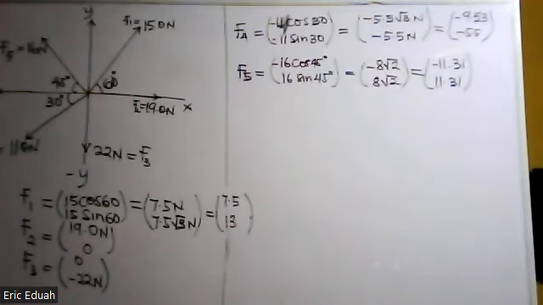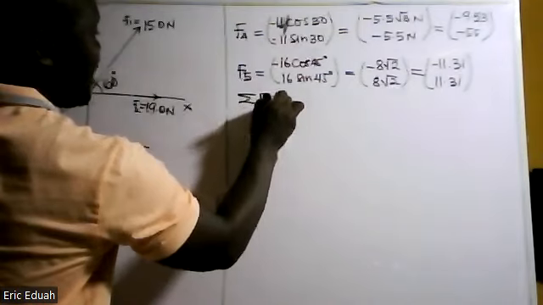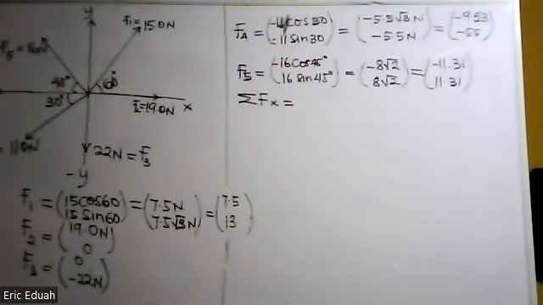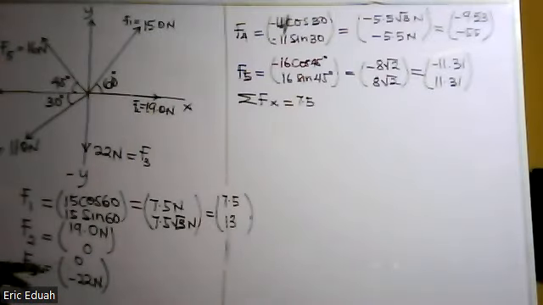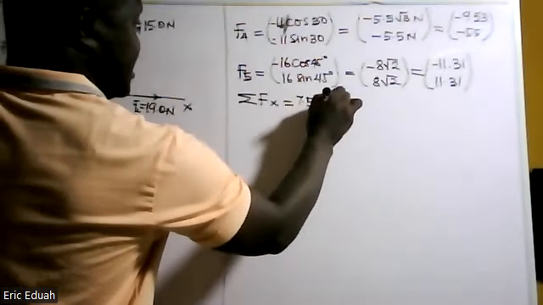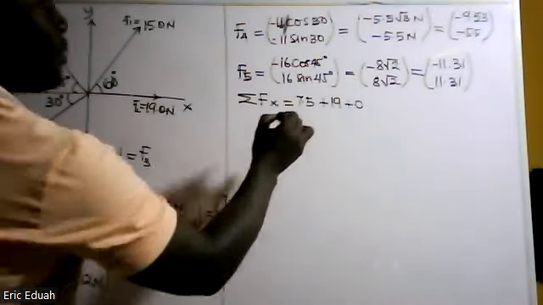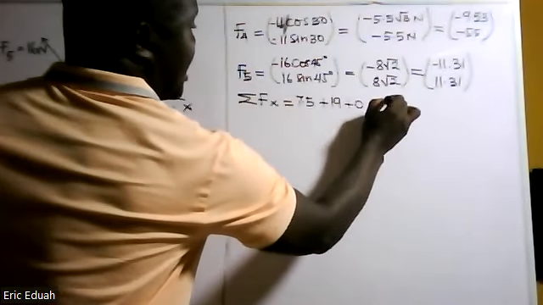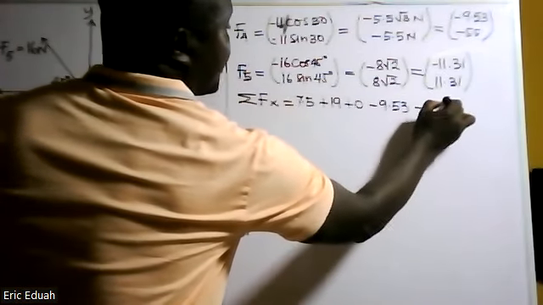Okay, so let's then look for summation F of x. We pick 7.5, then this is 0, plus 19, plus 0, minus 9.53, minus 11.31.